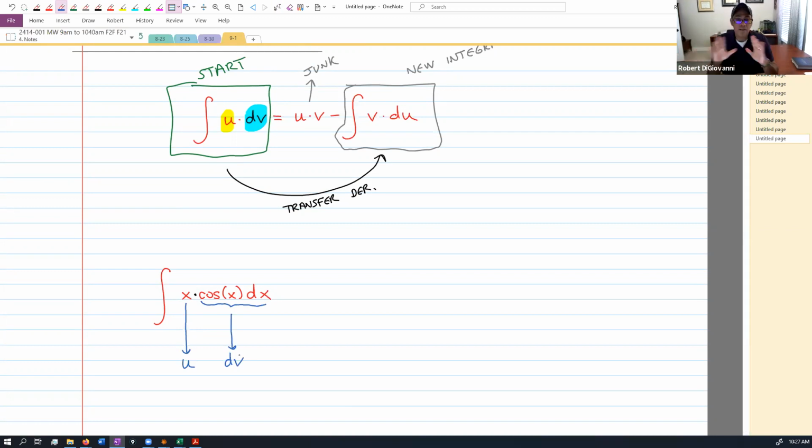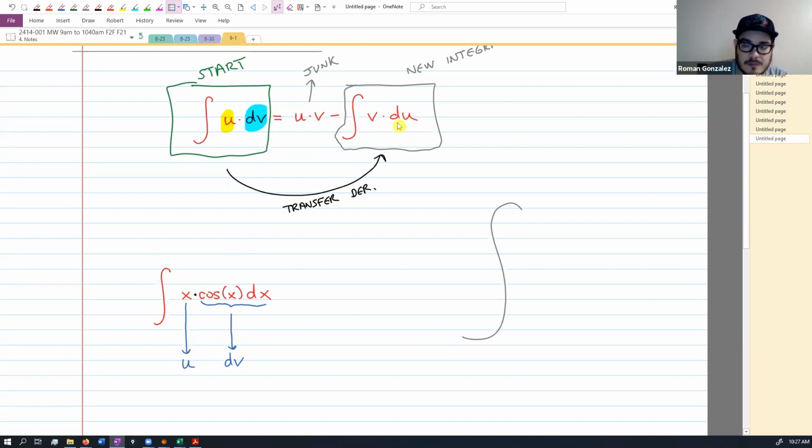Before you write anything else down, I want you to mentally think about the new integral. We see the integral in our heads. Roman, in that new integral, we're not going to have u. What are we going to have? du, the derivative of it. So if you said that this x was your u, what is going to be in the new integral?